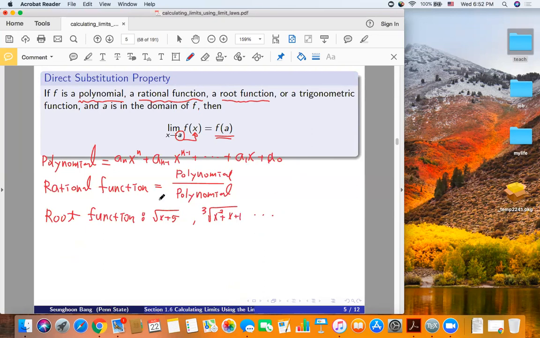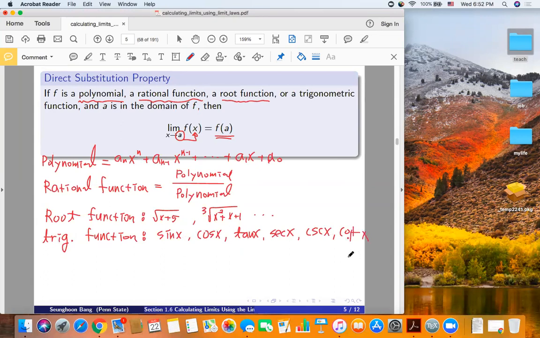What is a trigonometric function? We have 6 kinds: the sine function, cosine function, tangent function, secant of x, cosecant of x, and cotangent of x.